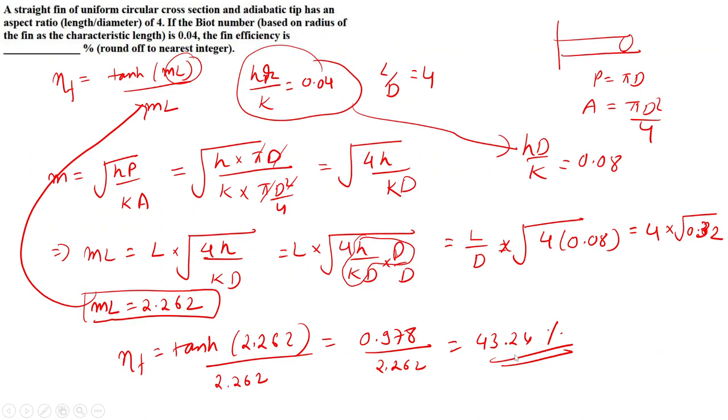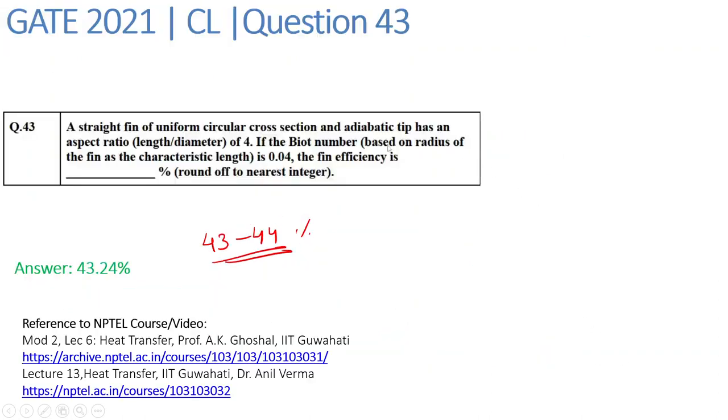So in our question, the answer was 43.24%, and since we have been asked to round off to the nearest integer, the answer can lie within this range, 43 to 44.